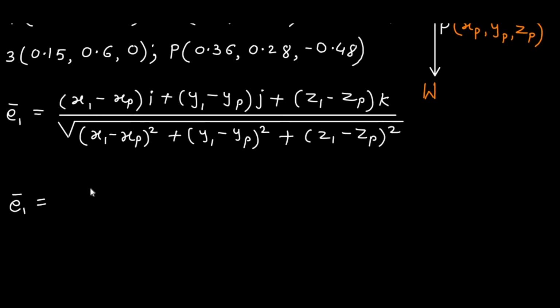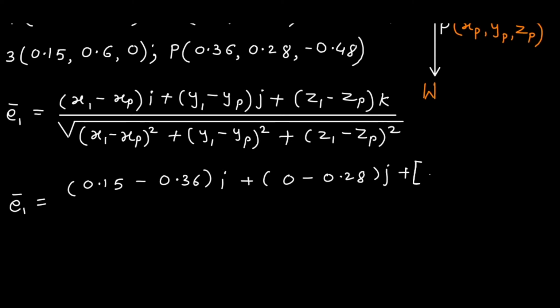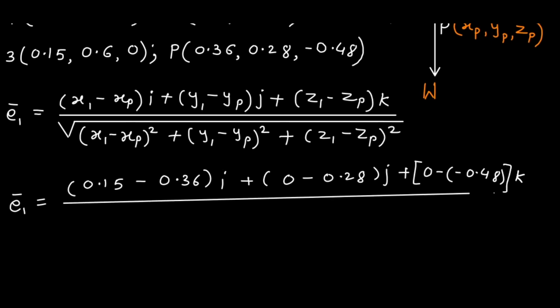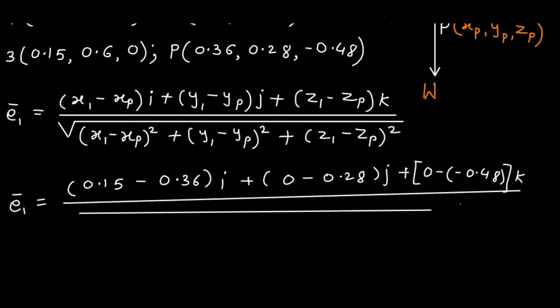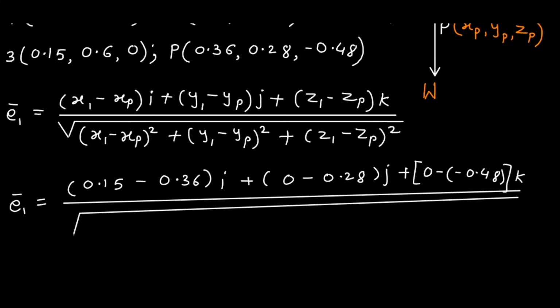E1, we have x1 as 0.15, xp is 0.36, this is i, plus y1 is 0 minus 0.28 j, plus here 0 minus, now the zp coordinate is minus, so I am writing minus of minus 0.48 k, and this is divided by the square root of that quantity.